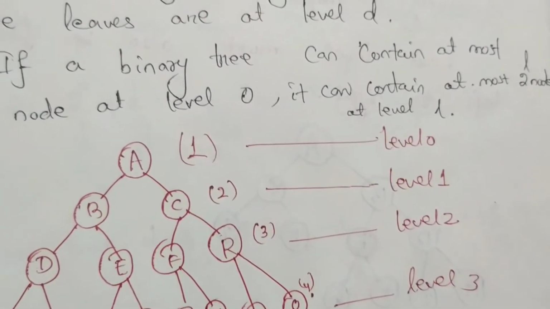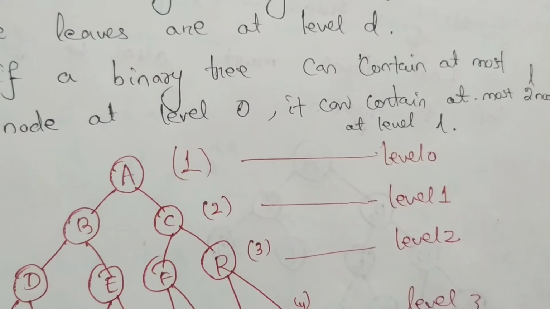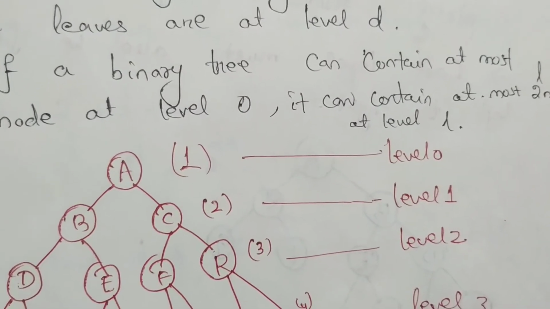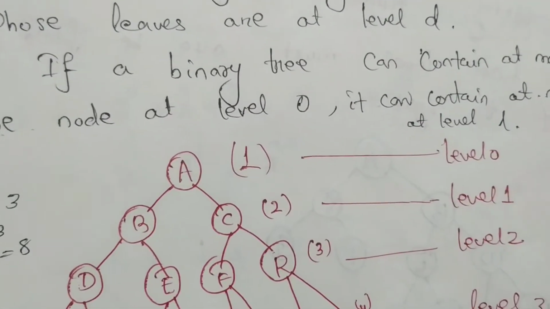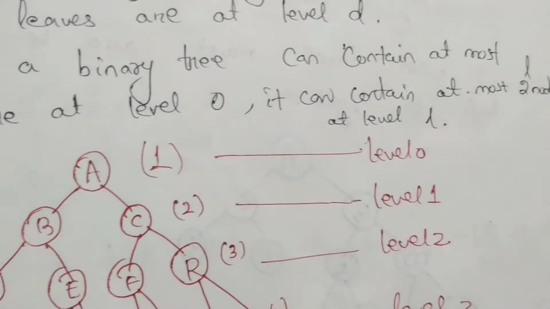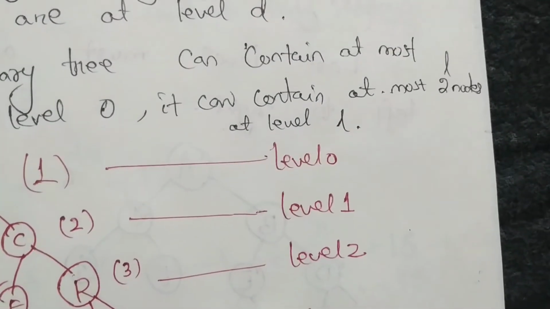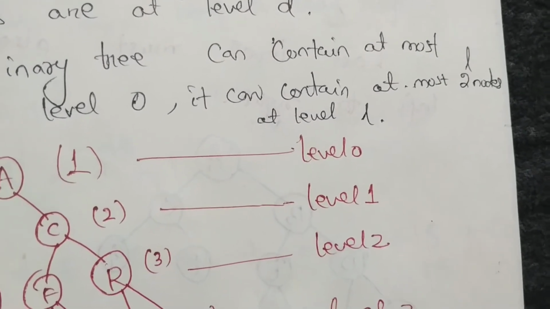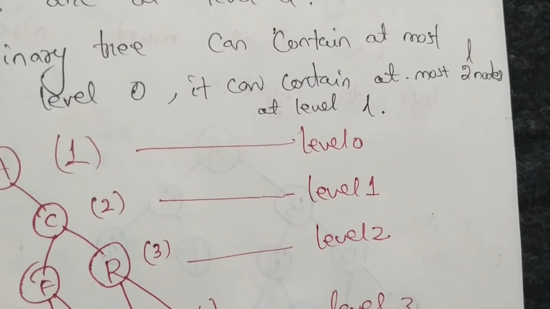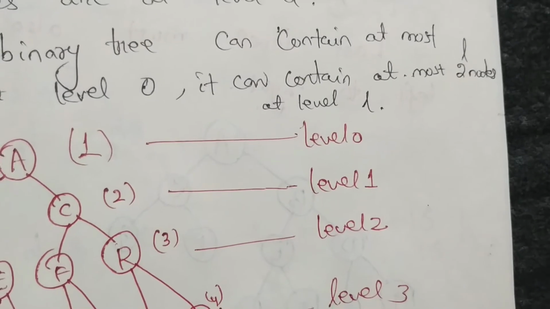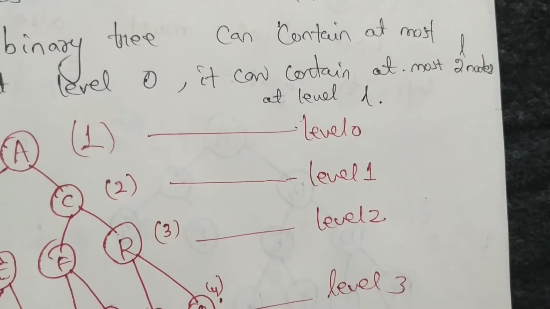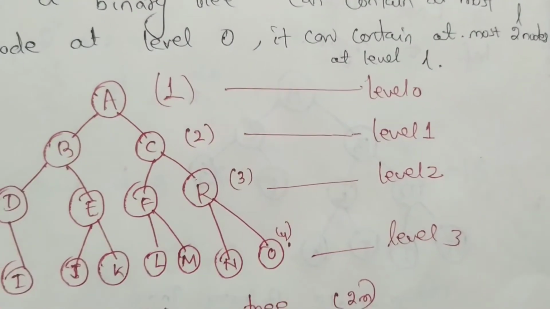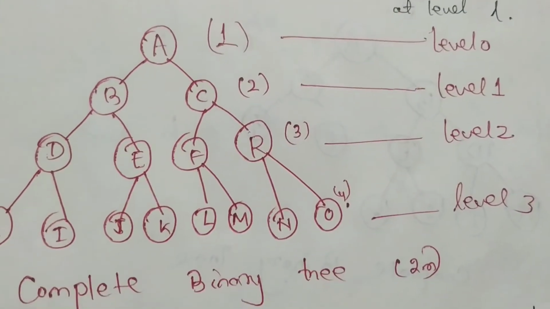Here there is one formula: if a binary tree can contain at most one node at level 0, then it can contain at most 2 to the power L nodes at level L. Here L is the level, and 2 to the power L nodes are arranged at different levels. So suppose you see this is a binary tree.